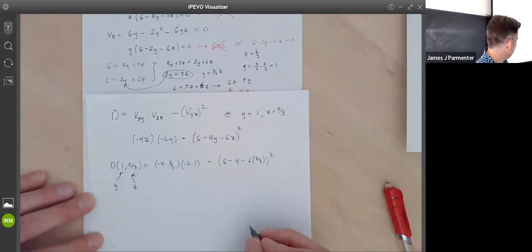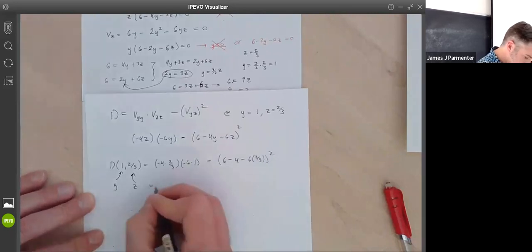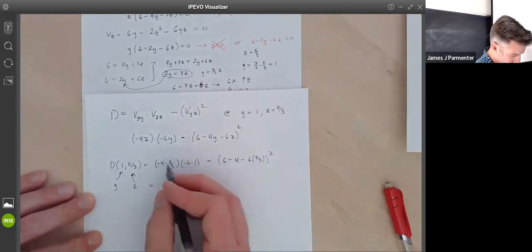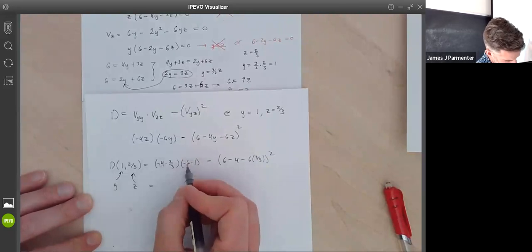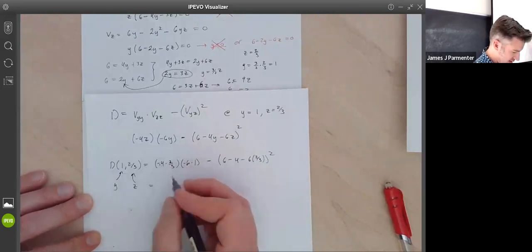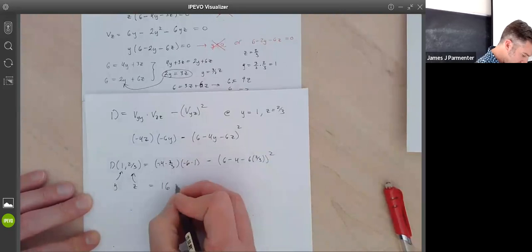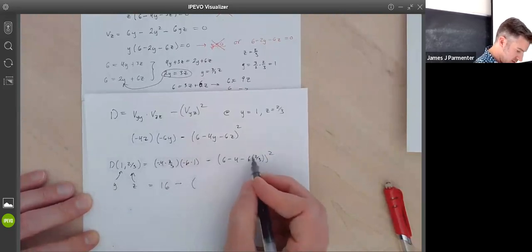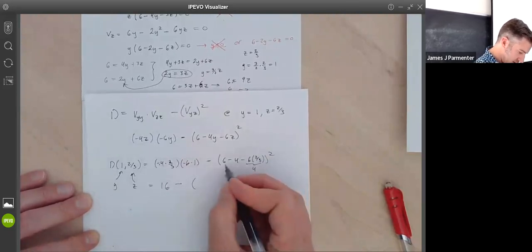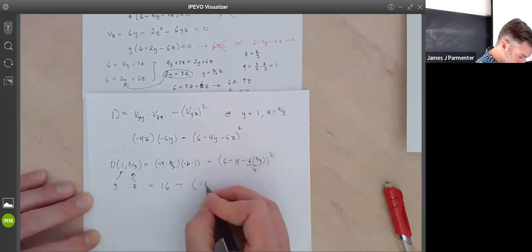Get the calculator. 4 times 6 is 24, times 2 is 48, divided by 3 is 16, minus 6 times 2/3 is 4, and 6 minus 4 is 2.